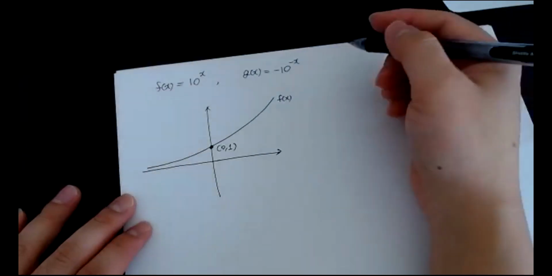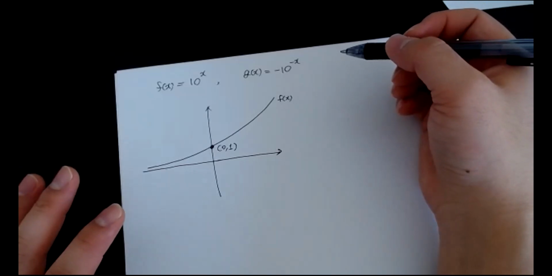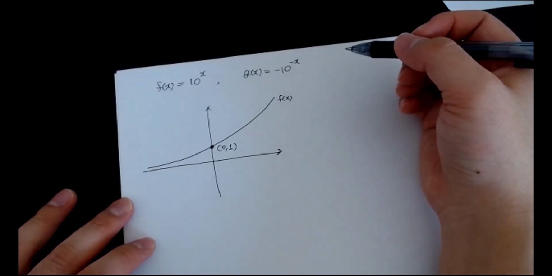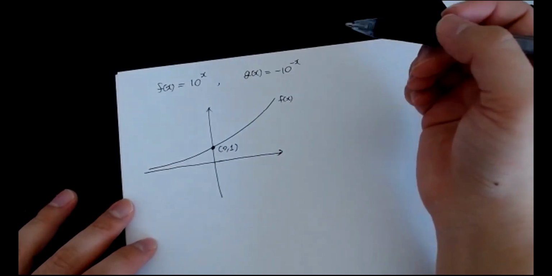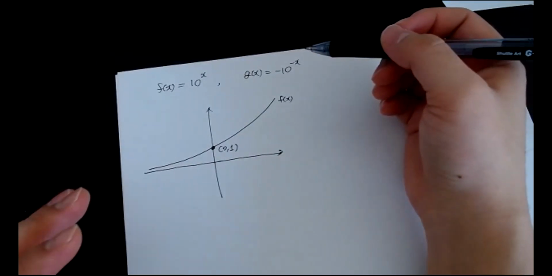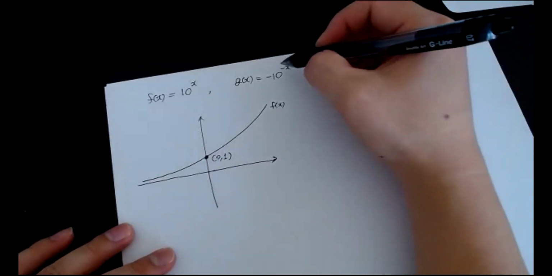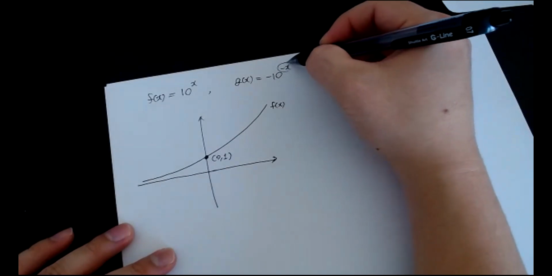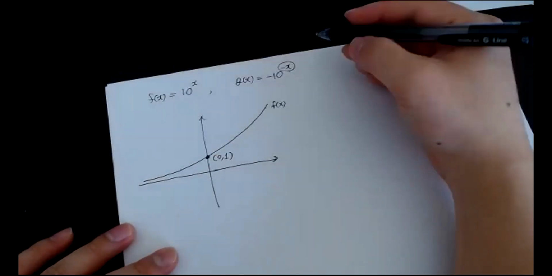So now what are you going to do? We're going to do a reflection about the x-axis and then the y-axis. The first one is the negative x, right? To get the negative x from f(x), we have to replace x by negative x.